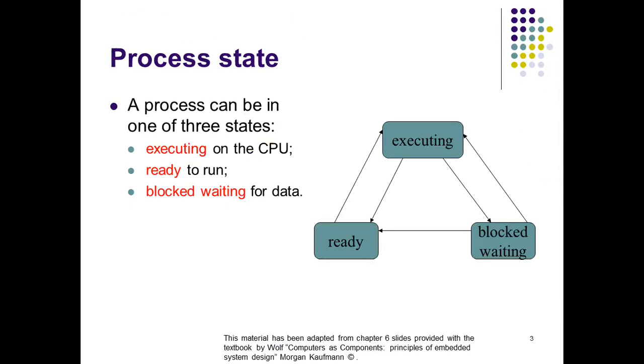Right. So first it's worth thinking about process states. All your processes can be in one of three states, which are either running on the CPU, ready to run on the CPU, or waiting for the CPU. And you should be able to understand roughly how you move between these states. So going from ready to executing, this is when you schedule a task.